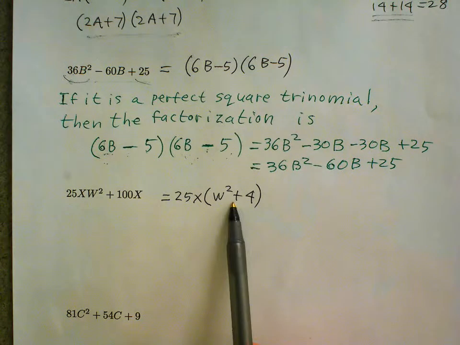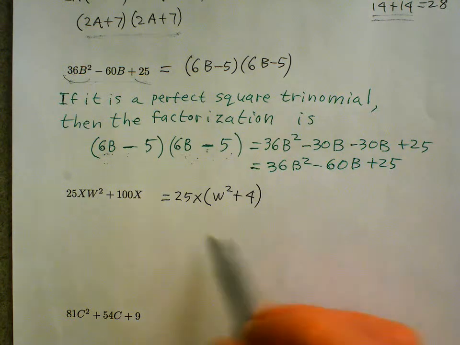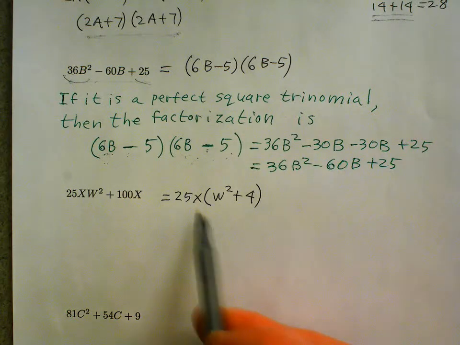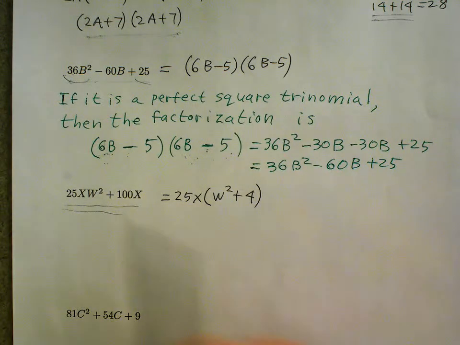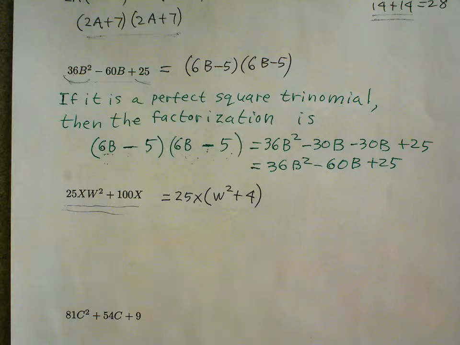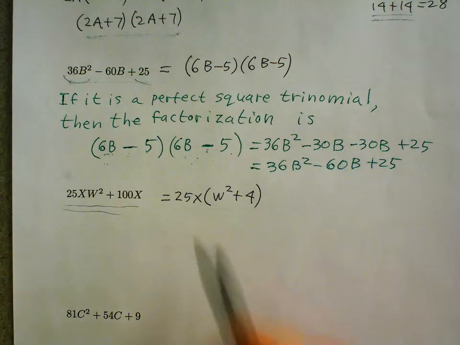W to the second plus 4 is a sum of squares. So this is the complete factorization. But the original polynomial is factorable up to this point. So since we were able to factor it this much, it would be incorrect to say non-factorable because we factored it this much. So this is the factorization.